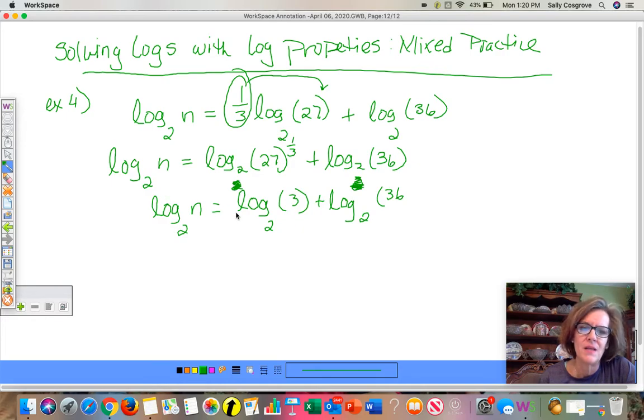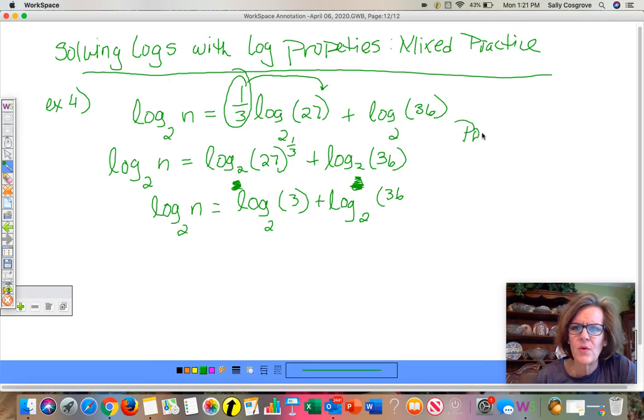I have log of this equals the sum of 2 logs. So I've got to do something with the sum. And think back, our product property says the sum of 2 logs is the same as the log of the product of the arguments.